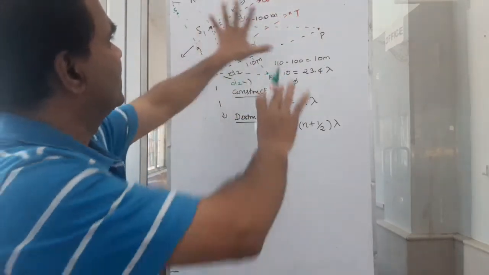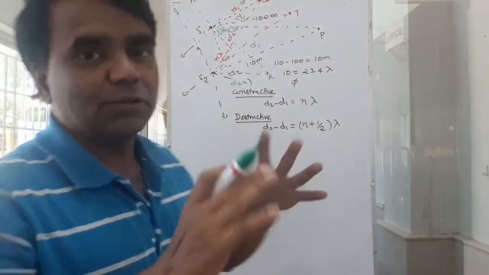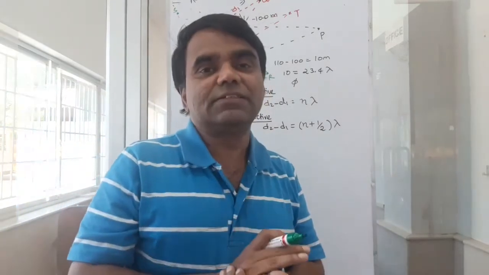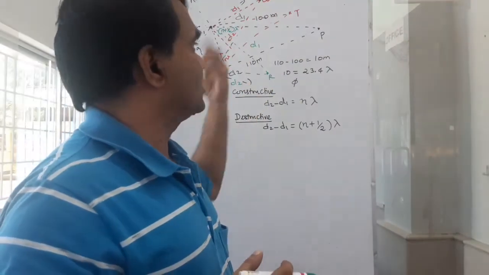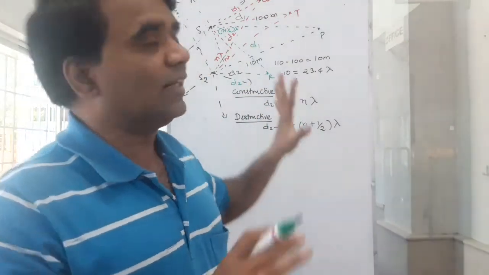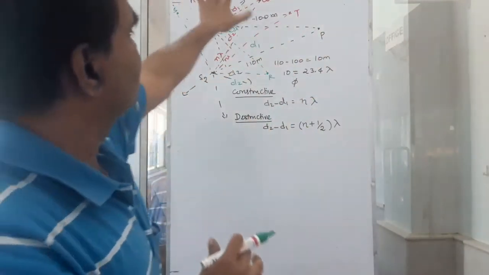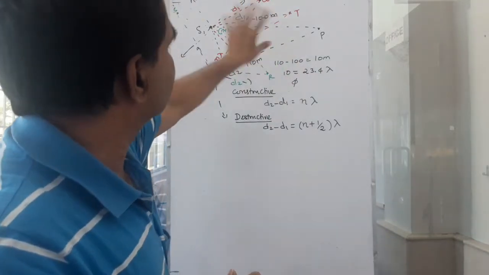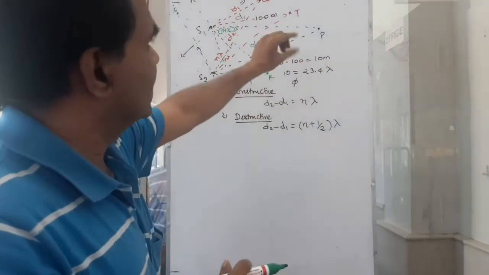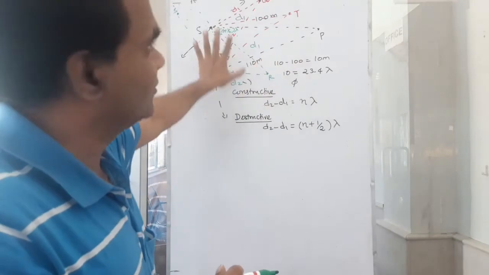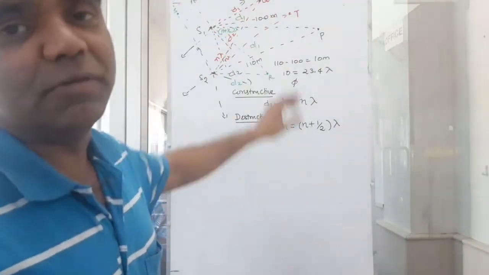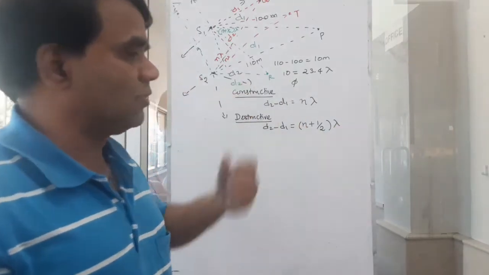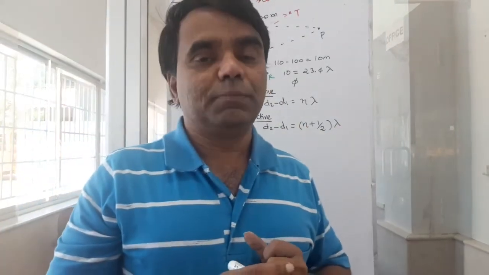So you can see that all points in space will have different intensities. So there is bright, dark, and a certain intermediate intensity value. So I'm going to see a pattern in space. This is what is called the interference pattern.